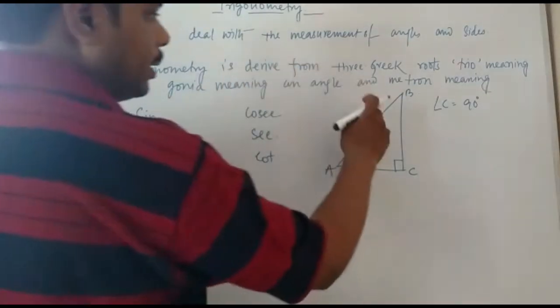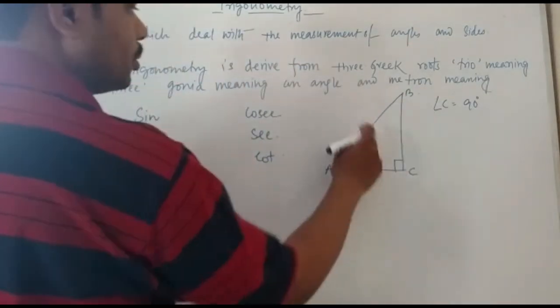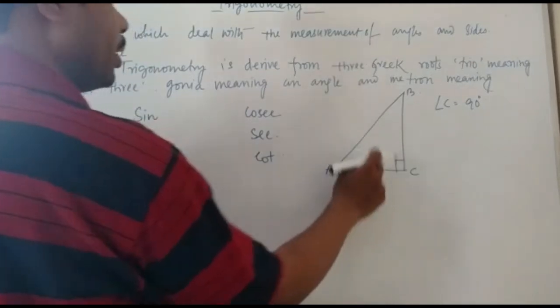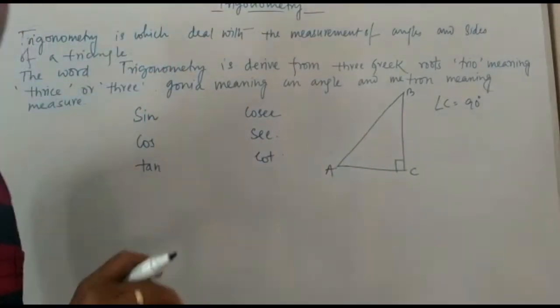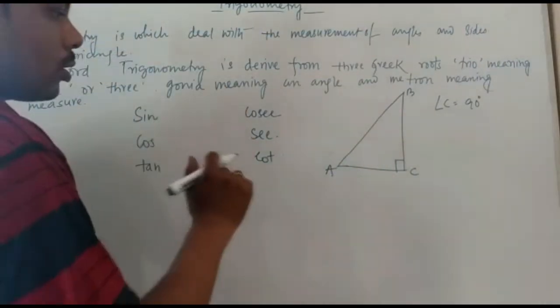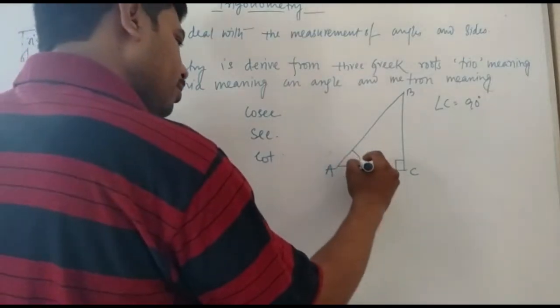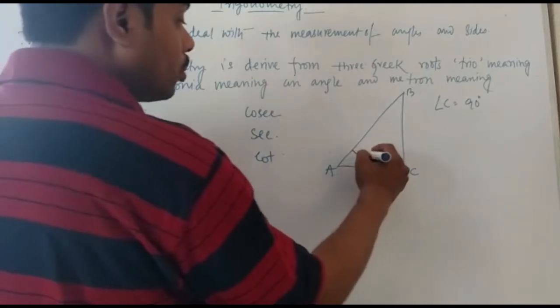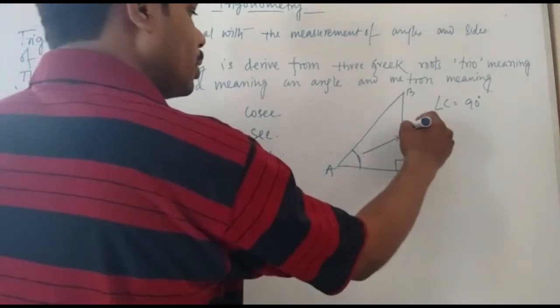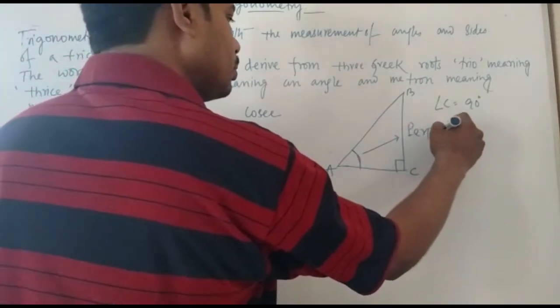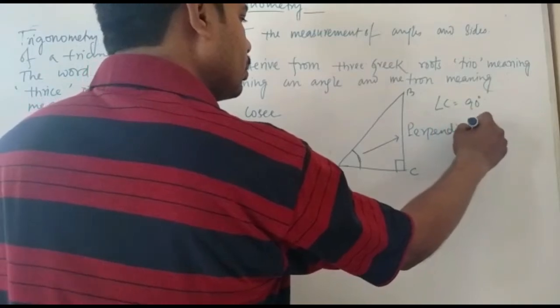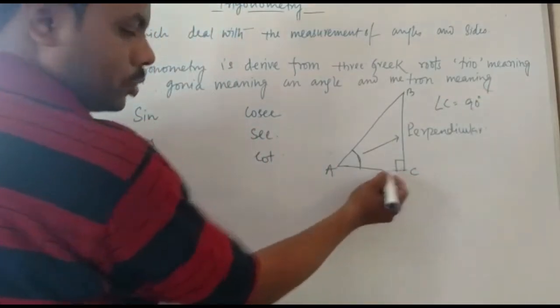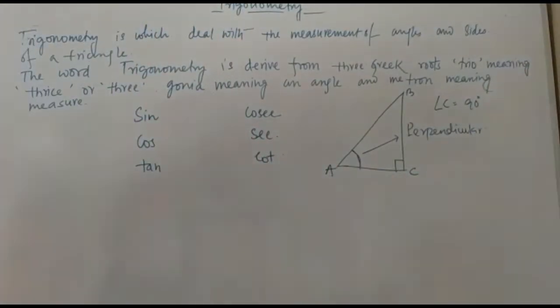In this triangle there are three sides, and these three sides have three different names. How do we give these names? If we consider the angle A, the side opposite to this angle is called the perpendicular. The side opposite to 90 degrees is called the hypotenuse.